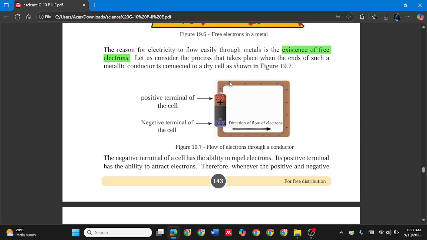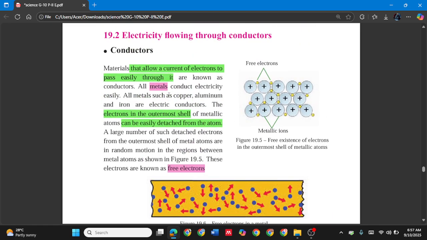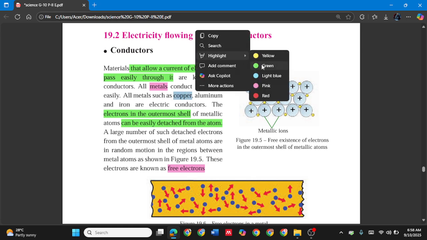Sodium කියලා මම metal එකක් විදිහට example එකක් විදිහට ගත්තේ. අපි copper කියලා ගමු. හරිද?